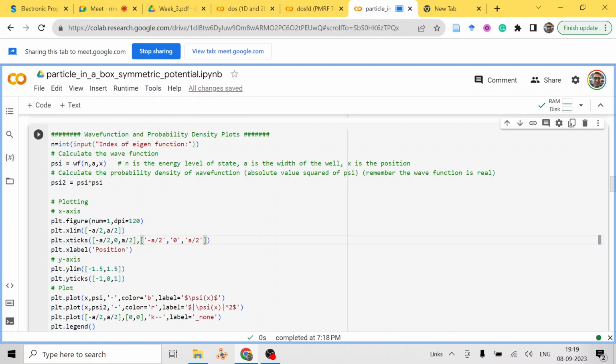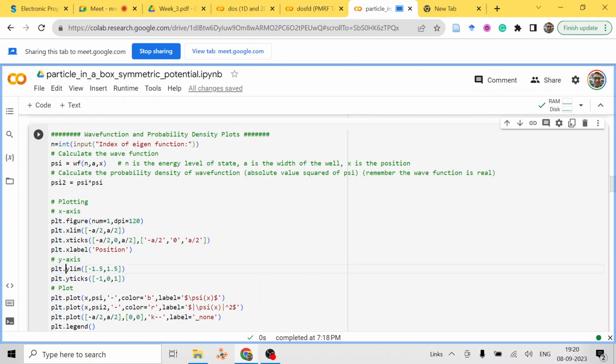In Python, if you don't provide the text, it will write the tick labels on its own, whatever the values are, or you can give this text manually as well.